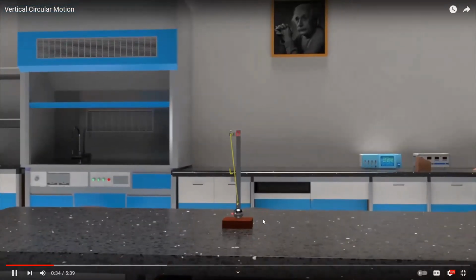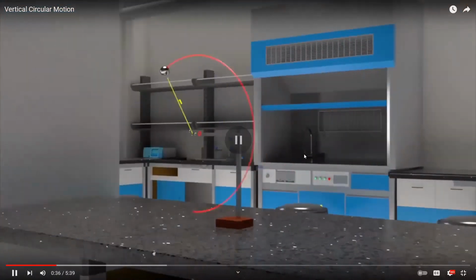The bob takes a circular path of radius L. Imagine that if I give very low velocity, it will make periodic motion. If I give a certain force, the bob will make complete circular motion.